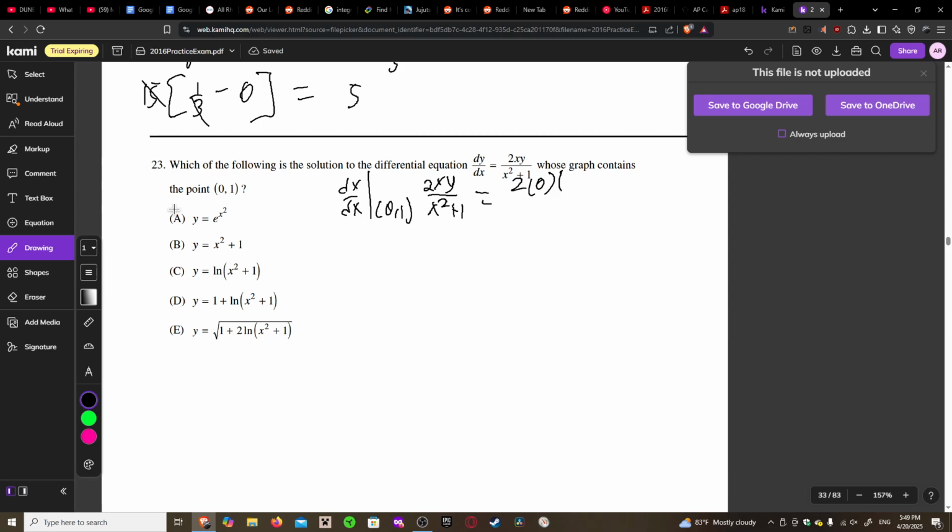Wait, no. That's just equal to 0. Or 1. And that's 0 plus 1, so that's equal to 0. If I differentiate it, that couldn't be right.